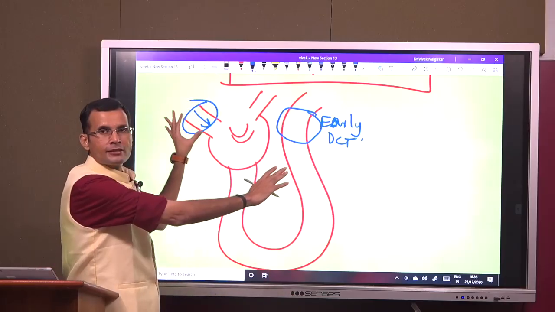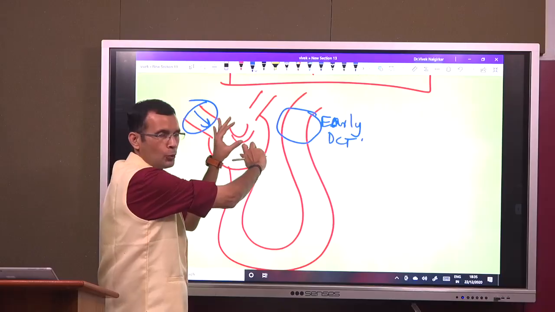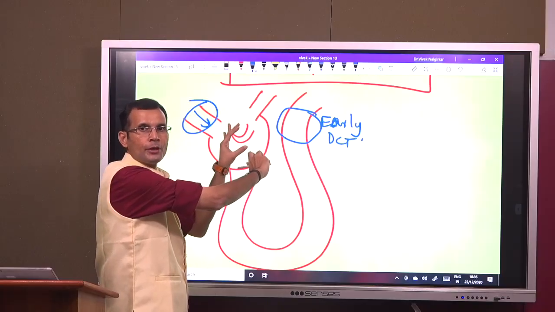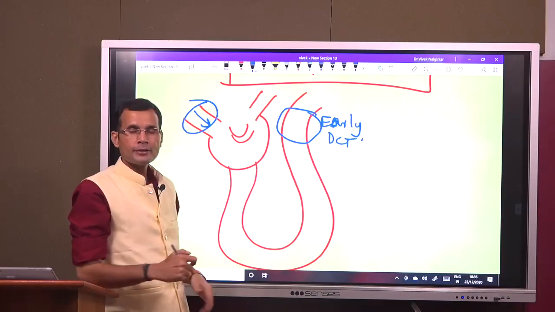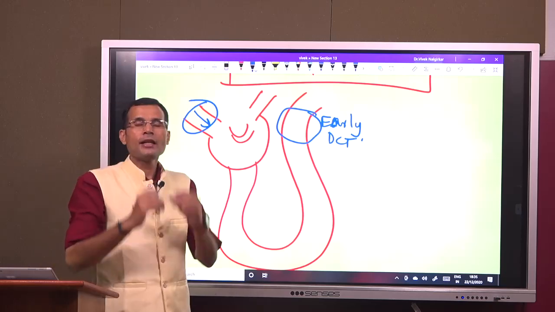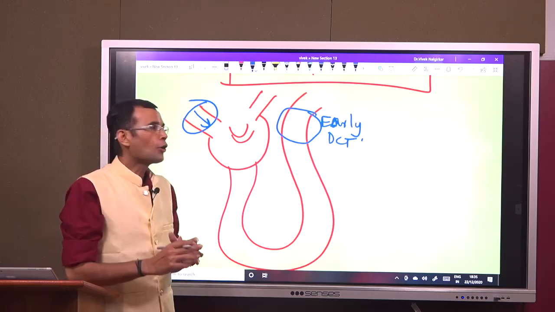These two parts come close near the glomerulus. So they will come close to each other near the glomerulus, forming a complex of cells which is called JG apparatus.